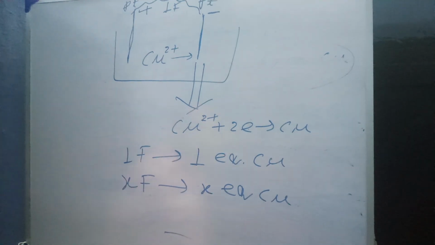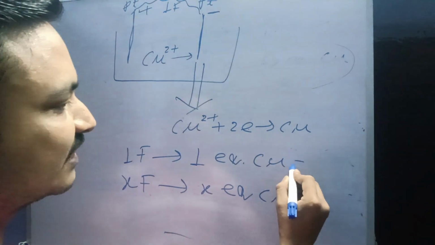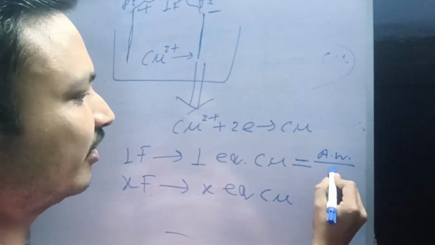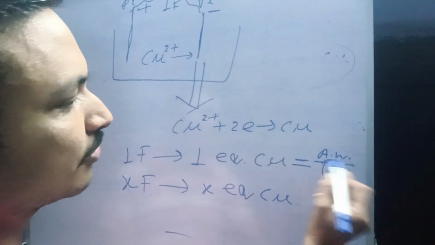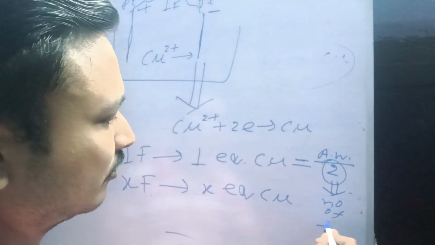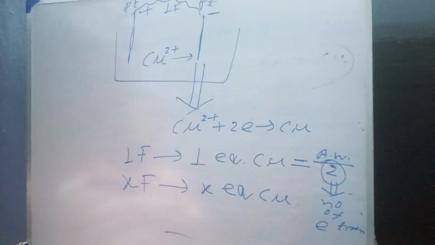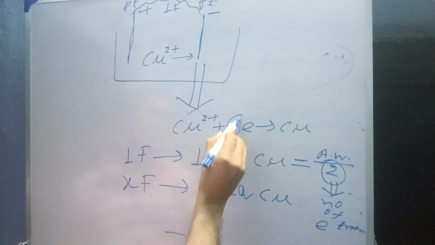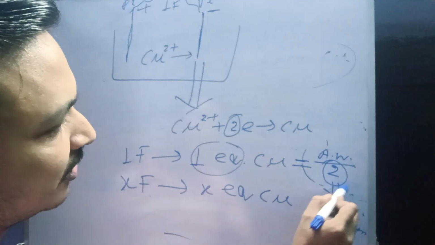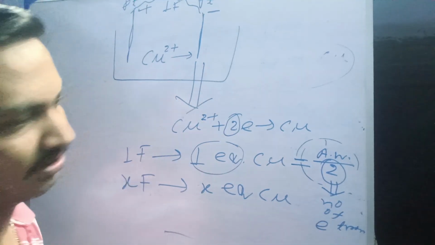Okay, now one thing: 1 equivalent of copper is equal to the atomic weight of copper divided by 2. This 2 comes from the number of electrons transferred. As the number of electrons transferred is 2, 1 equivalent of copper is equal to atomic weight divided by the number of electrons transferred.